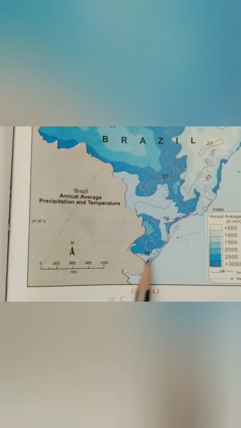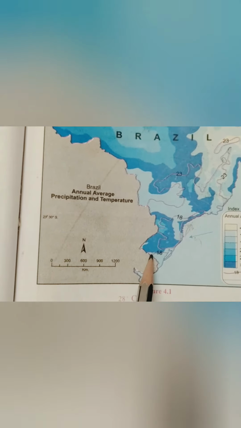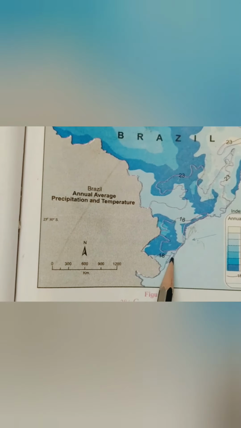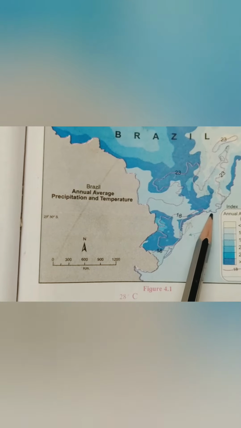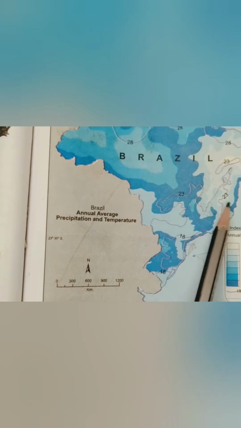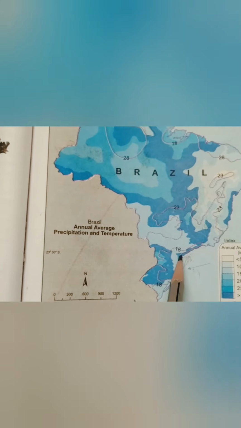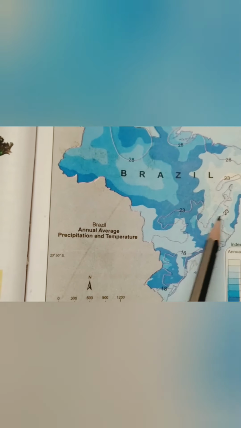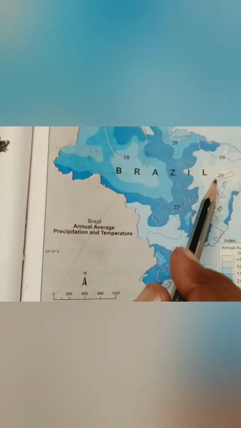You can see the temperature over here, 18 degrees Celsius, 18 degrees Celsius. As you go upward, 23 degrees Celsius. So 18 degrees means cooler, then becomes hot and very hot.